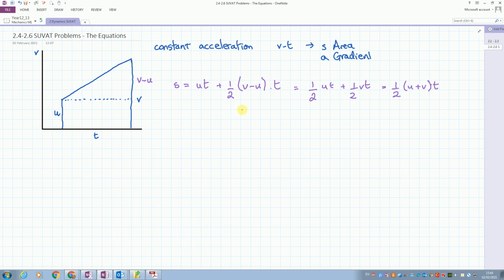Or you may actually recognise that it's a trapezium, and the area of a trapezium comes from A, B, and the perpendicular height between them.